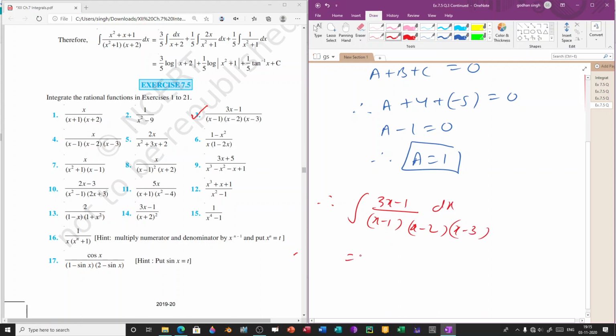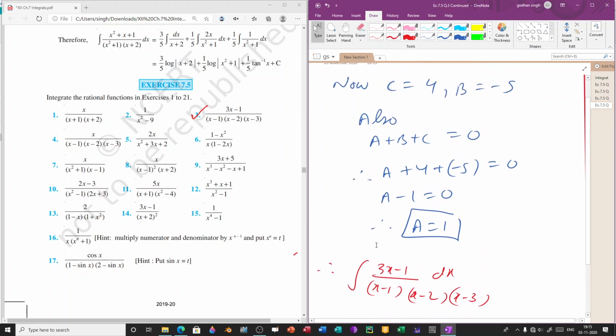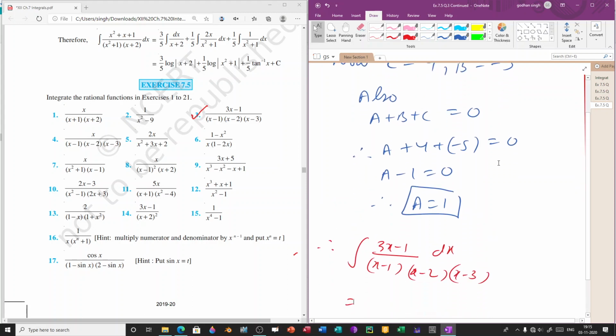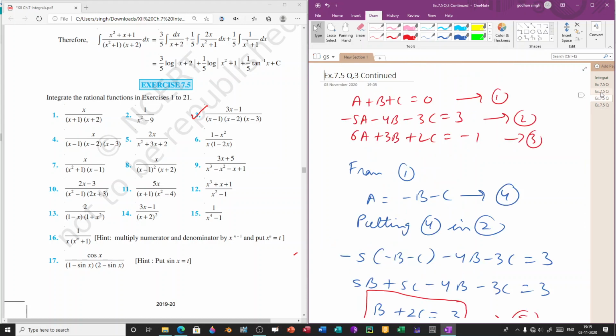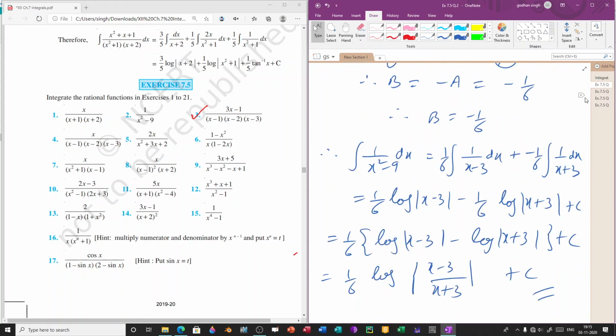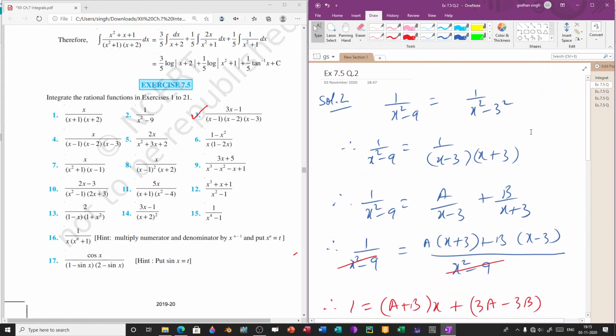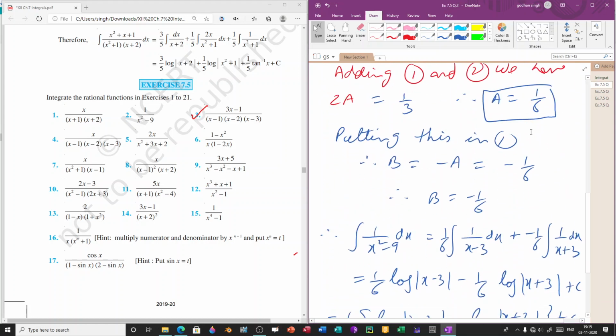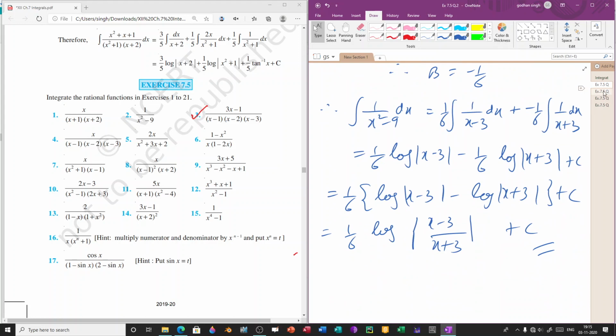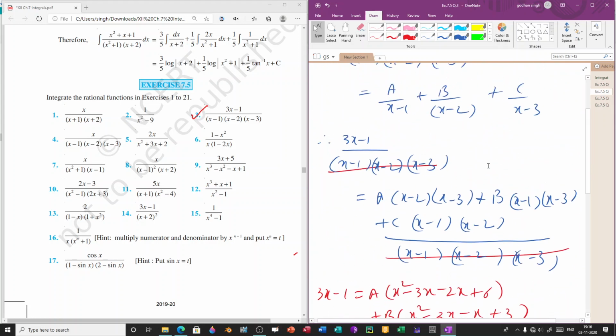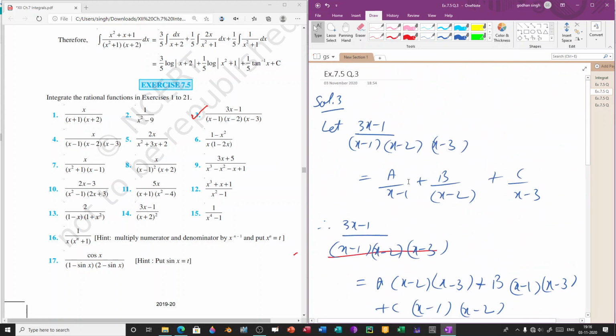Initially, we had taken a over x minus 1 plus b over x minus 2 plus c over x minus 3.